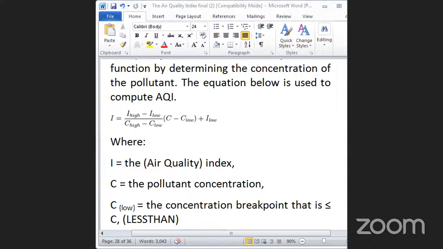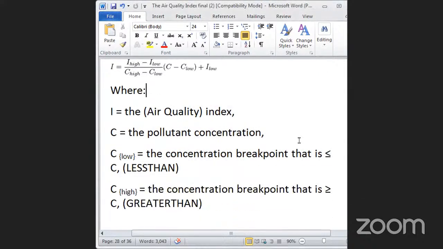I is the air quality index, right? So you see, C is the pollutant concentration. And C low means the concentration breakpoint that is less than C, right?